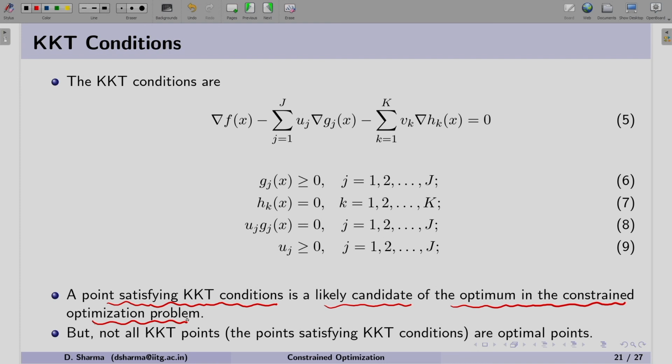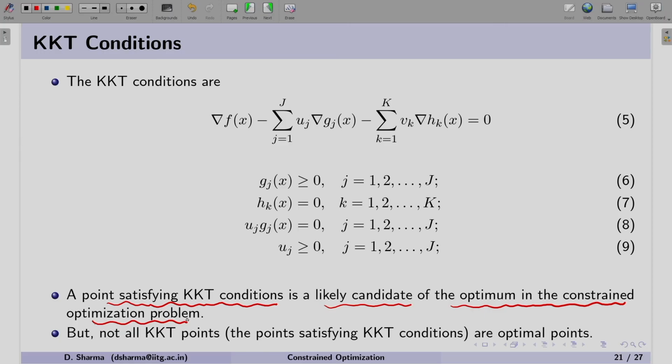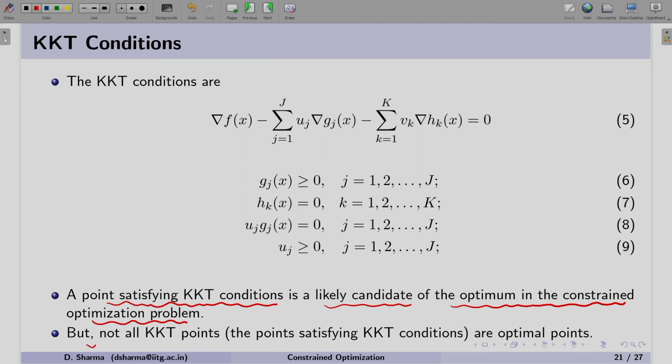Still we cannot say that it is optimum or not, but it is going to be a likely candidate for the optimum solution. However, we can use the KKT conditions to say that if the point is not a KKT point, then it can never be an optimum solution for the given constrained optimization problem. In the bottom, we can see that not all KKT points, the points satisfying the KKT conditions, are optimal.